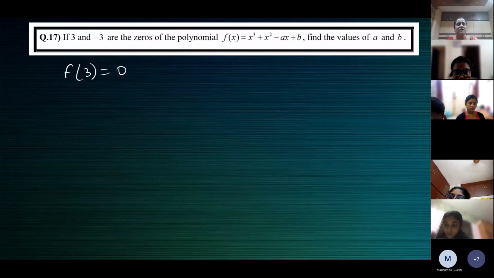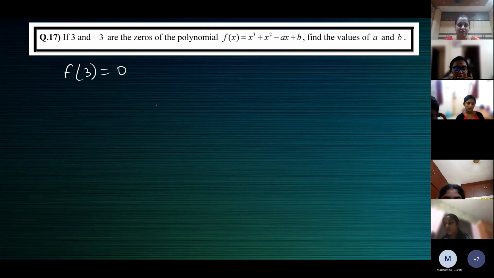You must write this condition because 3 is a 0. That means f of 3 is equal to 0. The value of the polynomial f of x at x equal to 3 is 0. Why? Because 3 is a 0 of f of x.